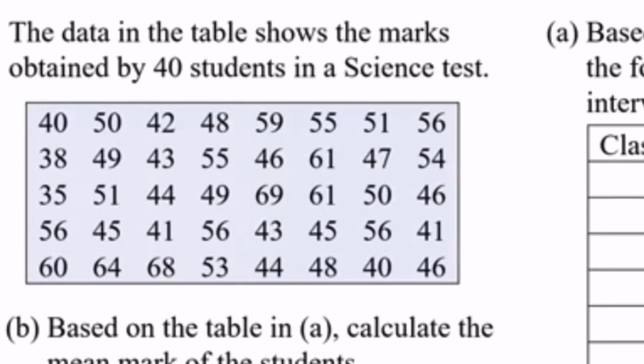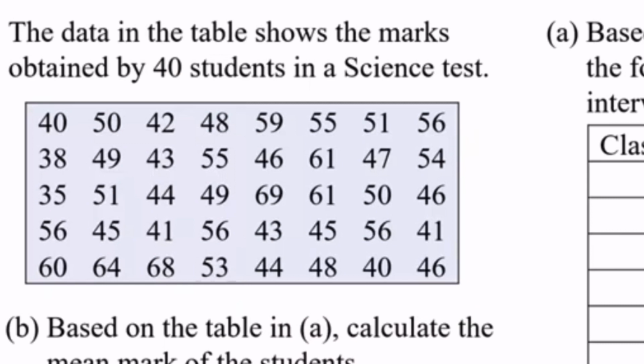Now, based on the marks in the table, you have to draw the frequency table, and after you complete the frequency table, you need to find the mean marks based on the frequency table.